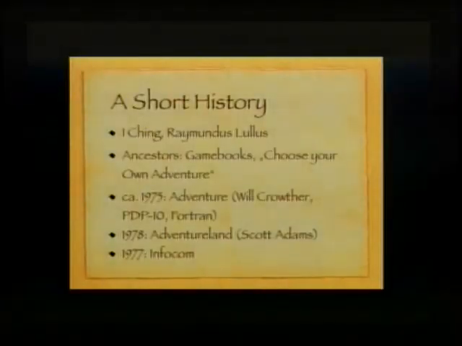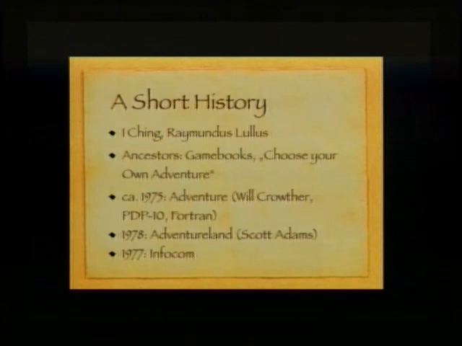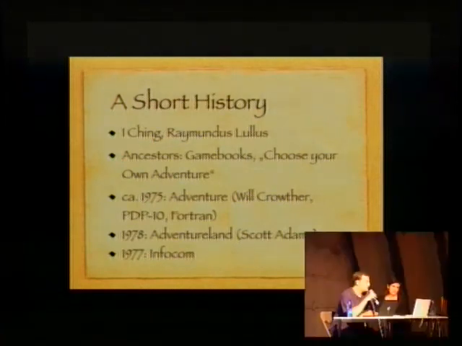So, for a short history, the idea of having something interactive, generating text, is actually very, very ancient. If you want to stretch the definitions a bit, you could go back to things like the I Ching, the fortune-telling method, an algorithmic method that was used in ancient China.